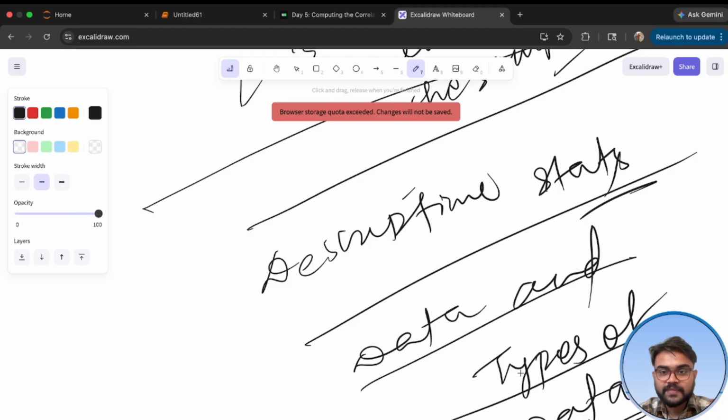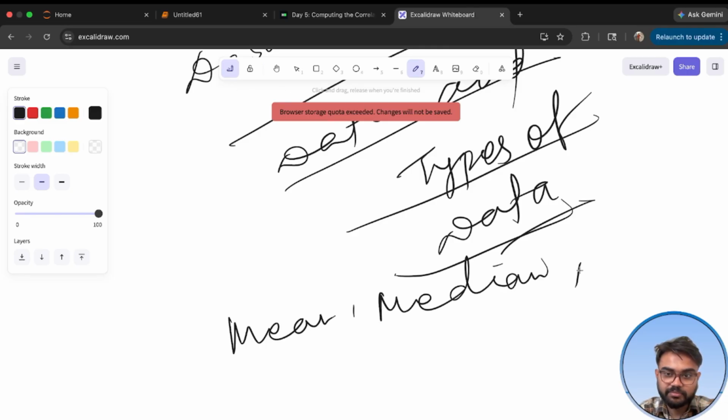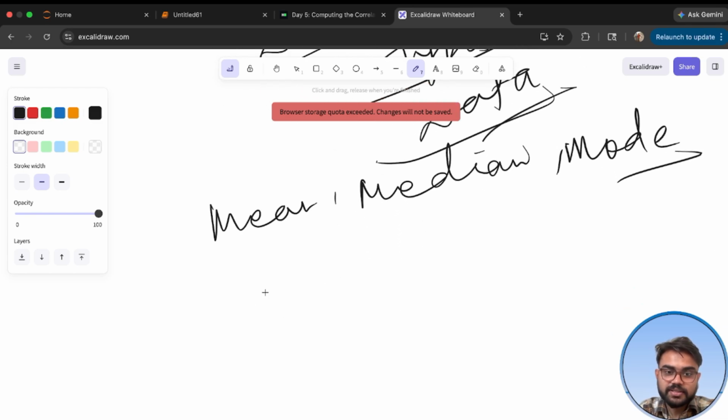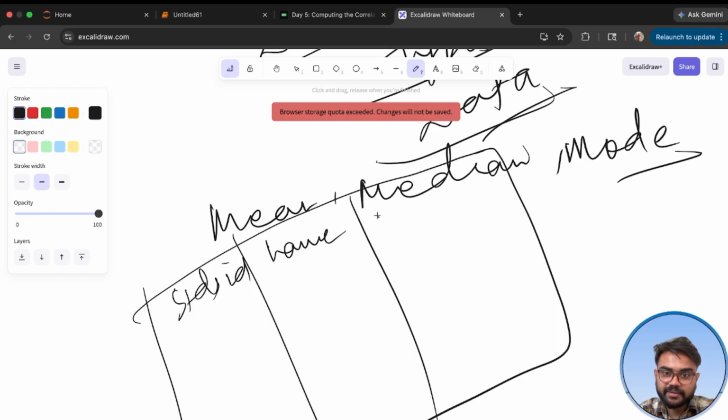Okay. Now, in descriptive statistics, we are going to talk firstly about mean, median, and mode. So what is the mean? What is the median? What is the mode? Suppose you have this table: student ID, name, and marks.